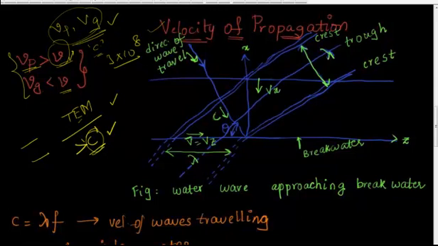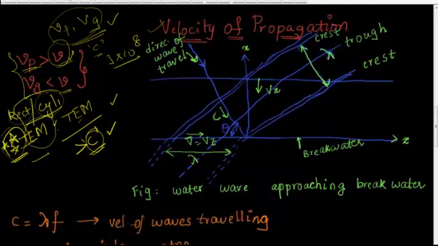One more important concept is that in either a rectangular waveguide or a cylindrical waveguide, a TEM wave cannot exist. This is an important point which we have to remember, because in the further lectures, when we are deriving the field equations of rectangular and cylindrical waveguides, we are not going to consider the TEM wave because it doesn't exist.